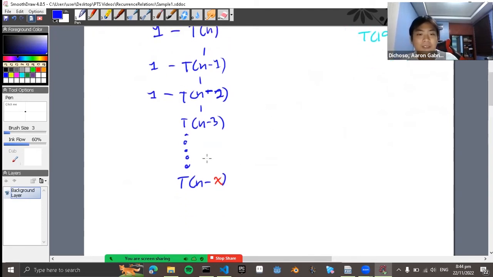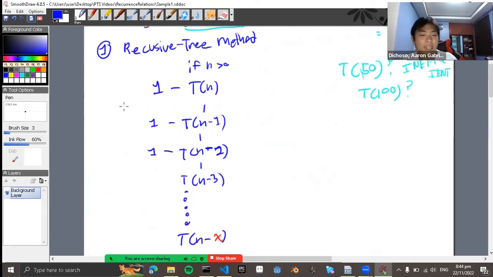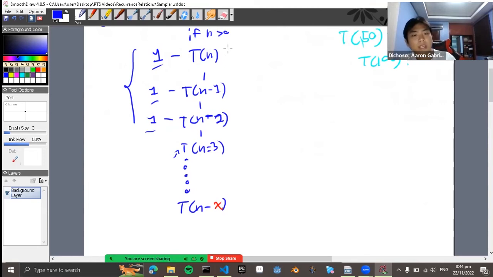Yun yung tanong. We are trying to look for the pattern here. So the pattern, if we would observe, itong 3 na ito, that's how many times we see a 1 here, right? So we could say that this is 4 times, and we would get 3 times here. Parang ganon.